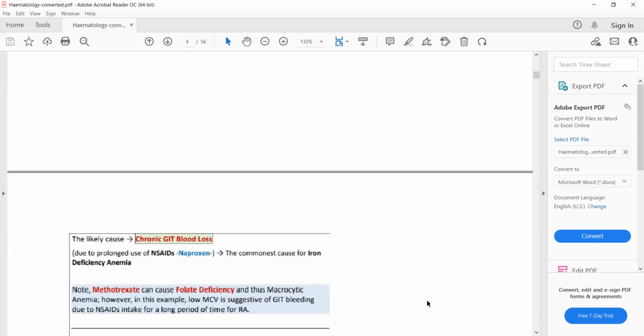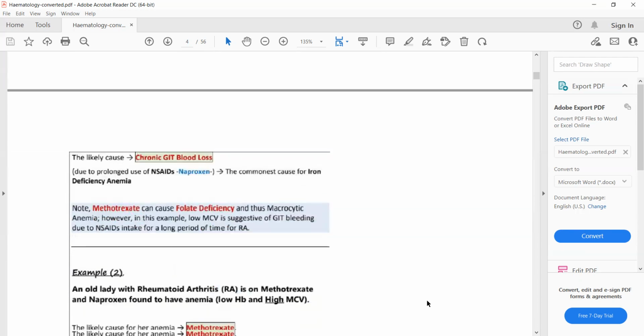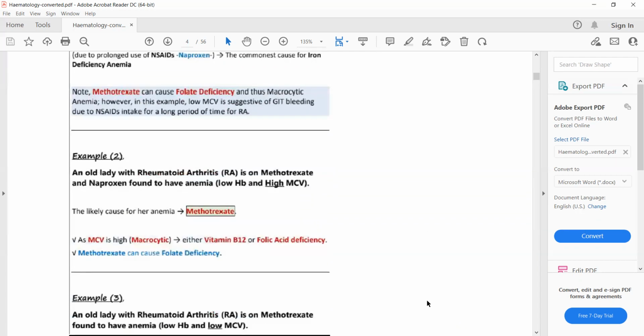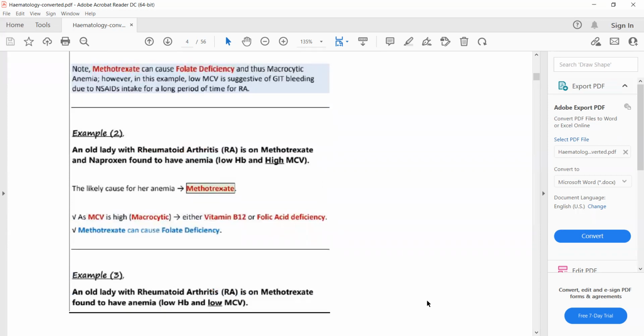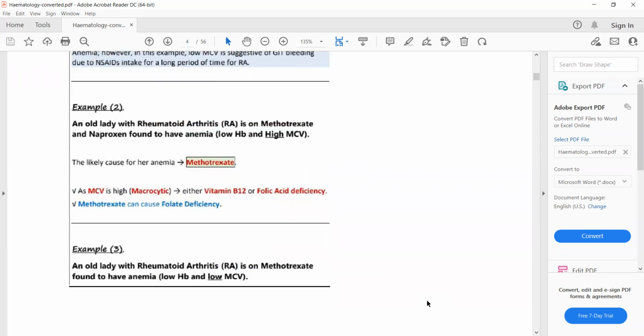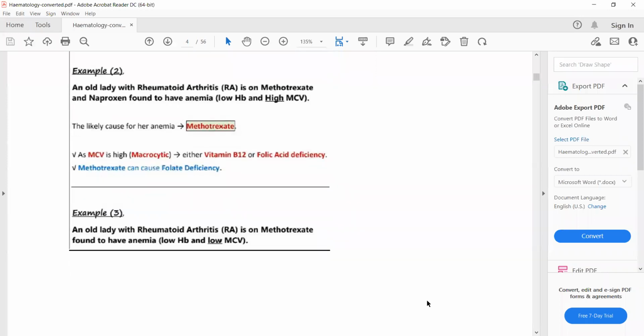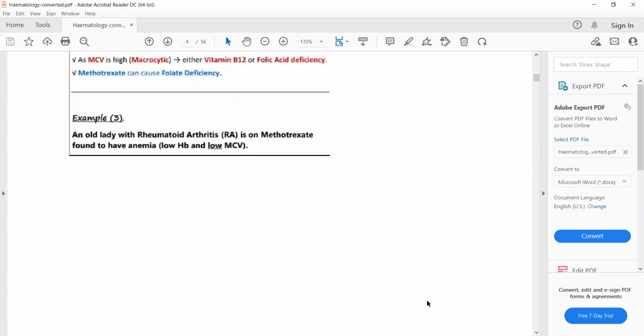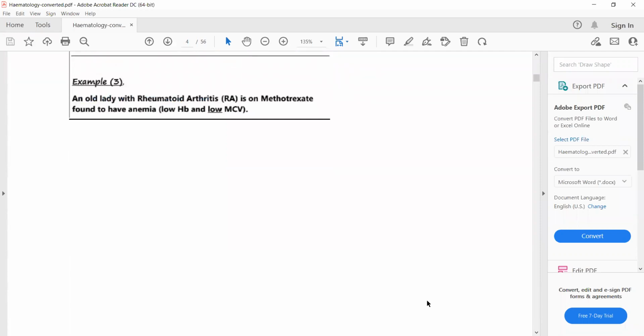And if the patient with rheumatoid arthritis has low HB and high MCV, or macrocytic anemia, then it will suggest folate deficiency, and the cause will be methotrexate, because methotrexate can cause folate deficiency.